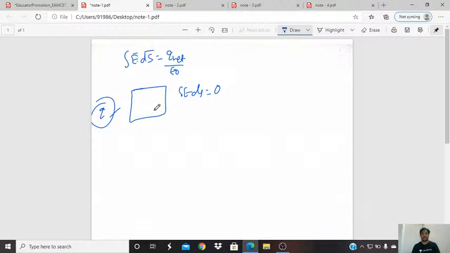Always we should consider a closed surface like spherical or cylindrical mainly. To find the flux we have to consider a closed surface, which is called a Gaussian surface. And this is the Gauss law.